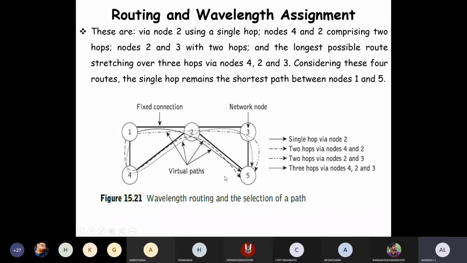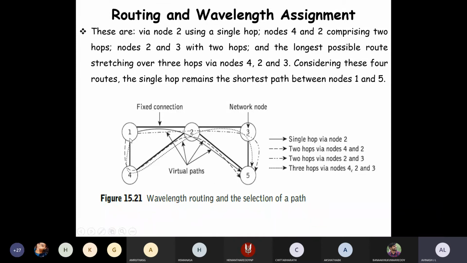Single hop via node 2 means between the 2 nodes only one different node is encountered, that is called a single hop. Next is 2 hops via nodes 4 and 2. Now I will go to 4, then to 2, and then I will come to 5. That is also one of the possibilities.